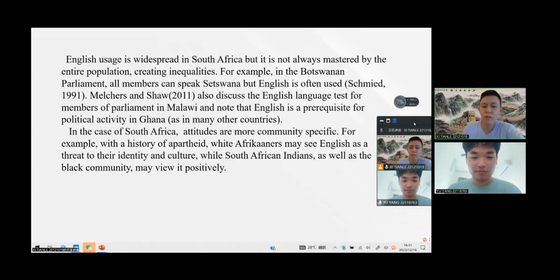For example, with a history of apartheid, white Afrikaners may see English as a threat to their identity and culture, while South African Indians, as well as the Black community, may view it positively.